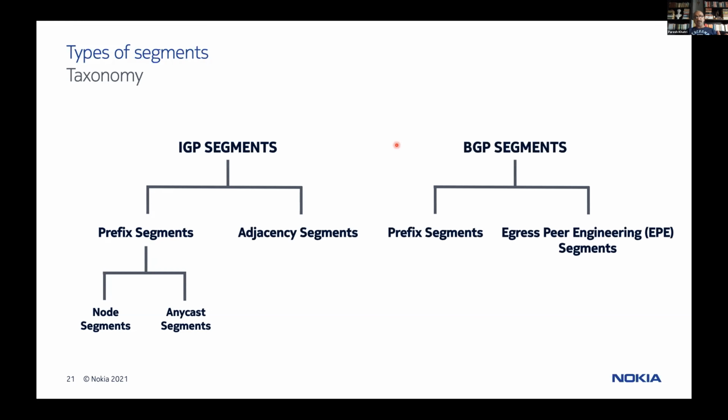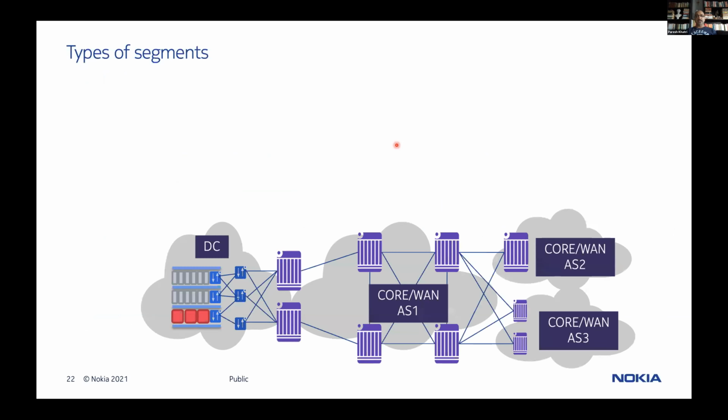Now, if you have time today, we may go through some of these examples of how egress peer engineering segments are utilized in the network. And you've got different types of these EPE segments that are associated with specific eBGP peers, with adjacencies to eBGP peers, and to groups of eBGP peers.